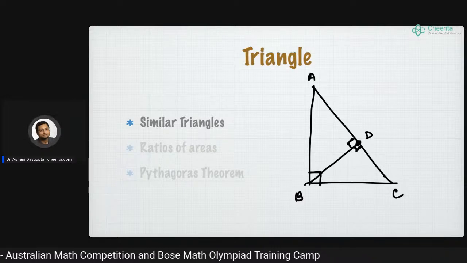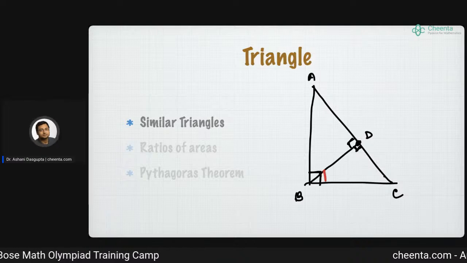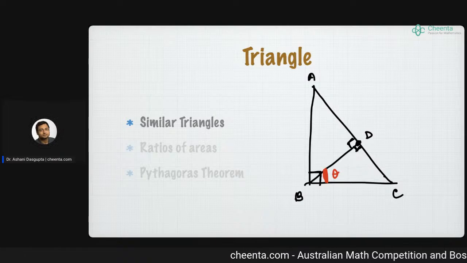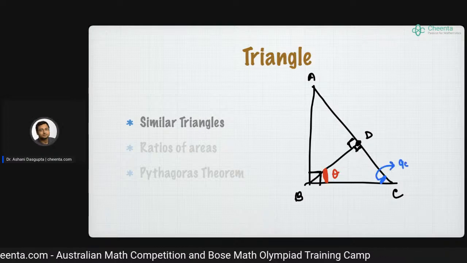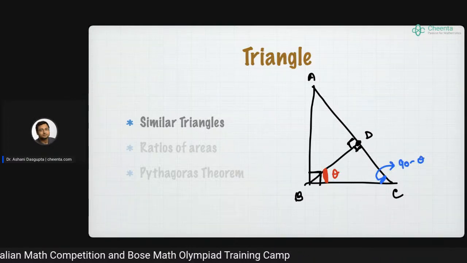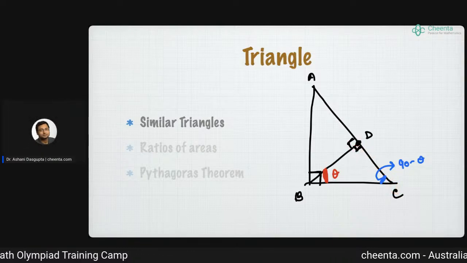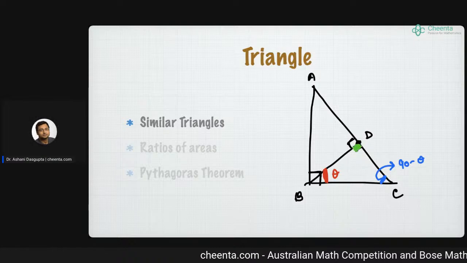Now let's draw this as the red angle, and call it theta. So we know that this blue angle is 90 minus theta, right? Because in this little triangle BDC, this angle is 90 degrees. This green angle right here is 90 degrees.